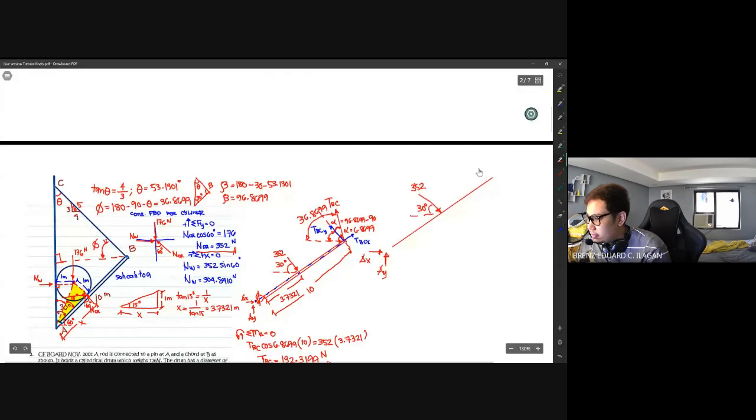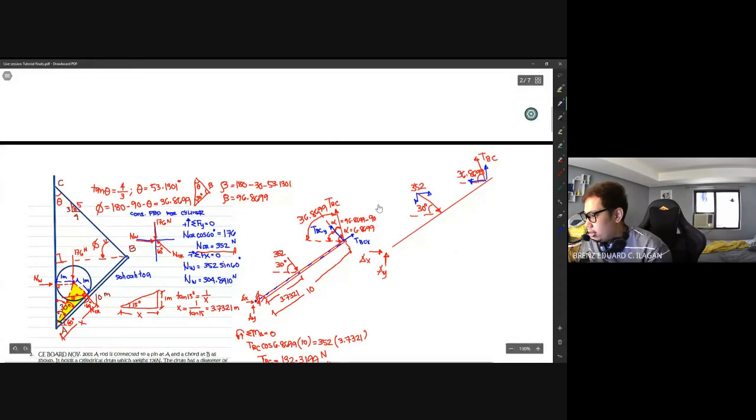And this is TBC, which is acting at 36.8699. Each has an X and Y component, so you can compute them using those angles.